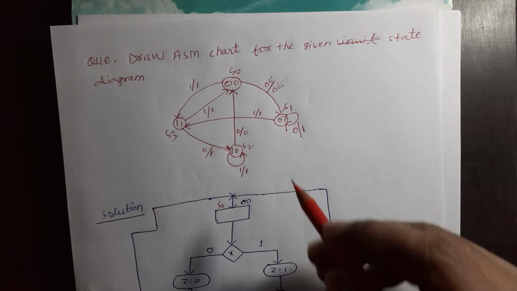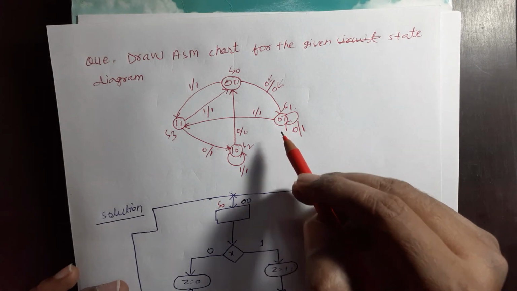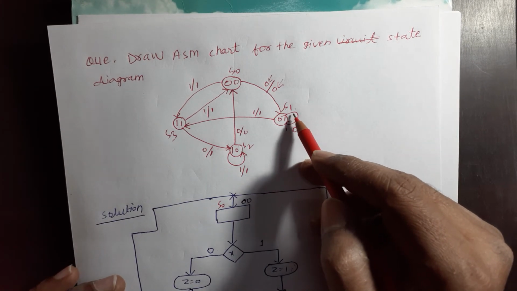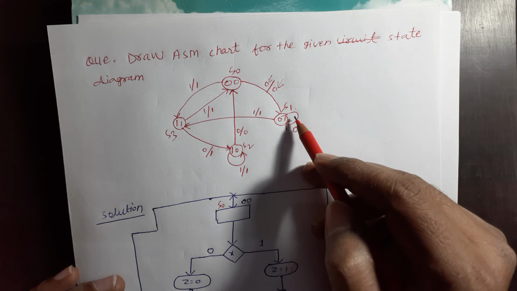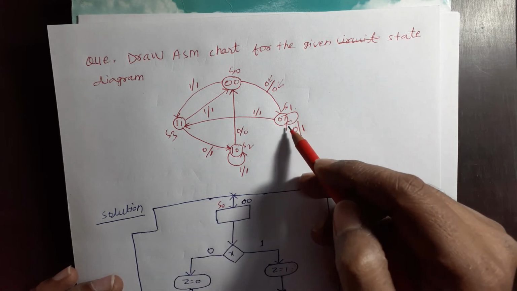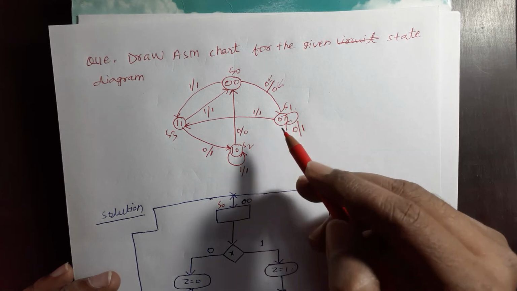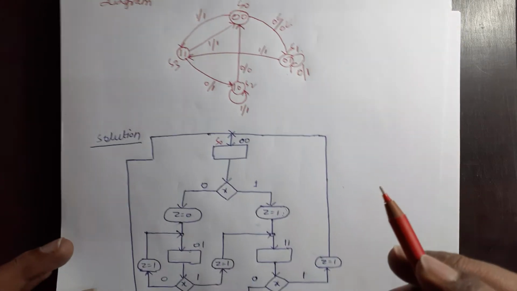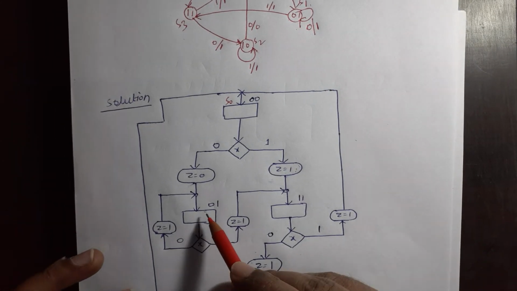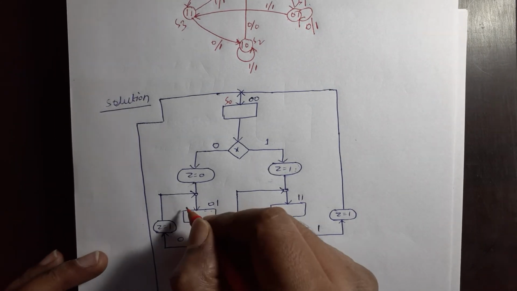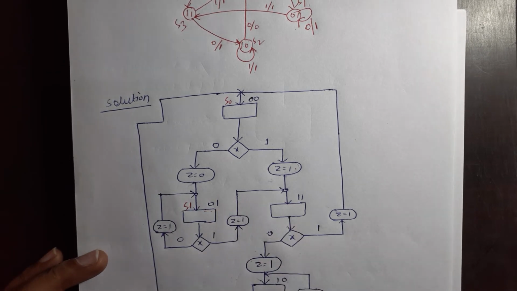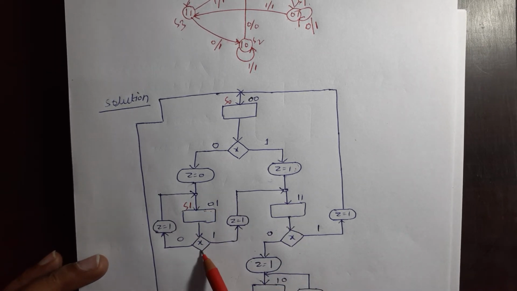Okay, now suppose the machine is at state S1. Now at S1 again the machine will check with the help of the decision box whether x is 1 or x is 0. So now the machine is here. Suppose this is S1. So now the machine will check if x is 0 or x is 1.